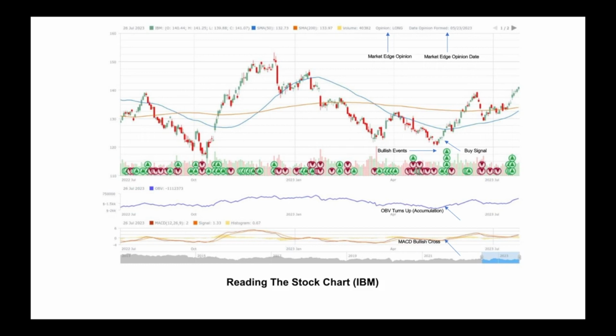So knowing just what we went over, you could look at this chart, not have any idea what technical analysis is all about, and I think you'd come up with the conclusion that right around May 23rd, things were pretty well set up from a technical angle that IBM ought to move up in price. And sure enough, you can see over the next 2 months, the stock went from about 120 up to about 145, which isn't a bad move.